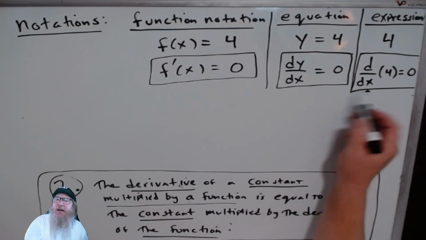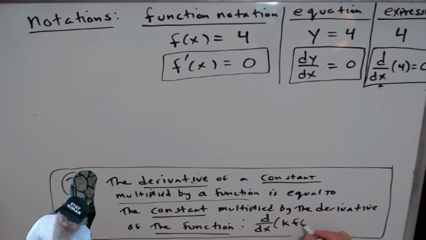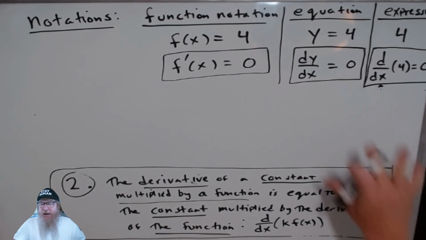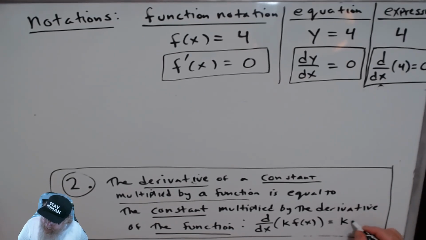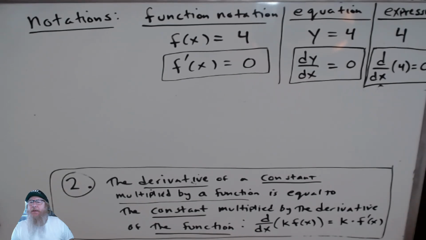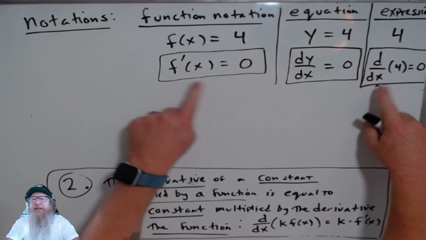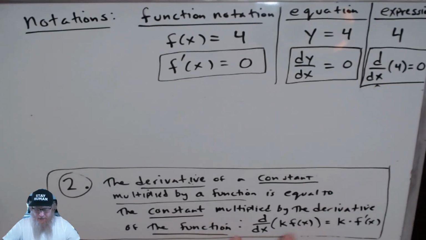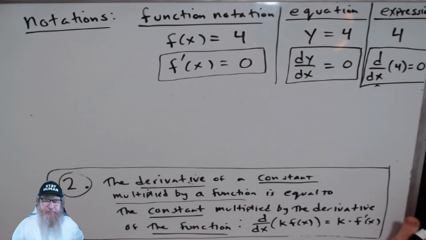So using this operator notation, I could say d/dx of k f of x, right, I already erased it, so I wanted to write it back one more time, is equal to k times f prime of x. So that is rule number 2. And notice I'm using sort of a combination of these 2 different notations, the operator notation and the prime notation.